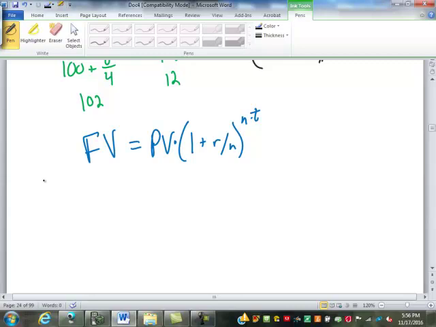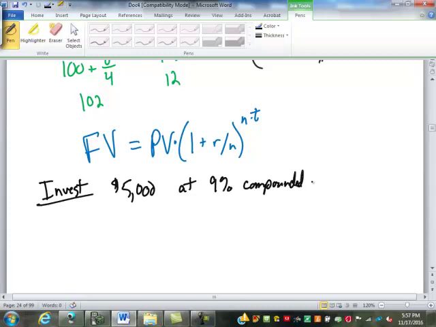So let's say I'm going to invest $5,000 at 9% compounded annually for 20 years.